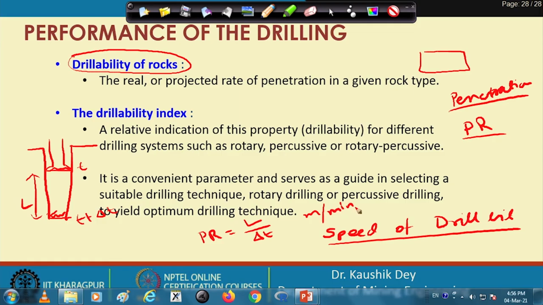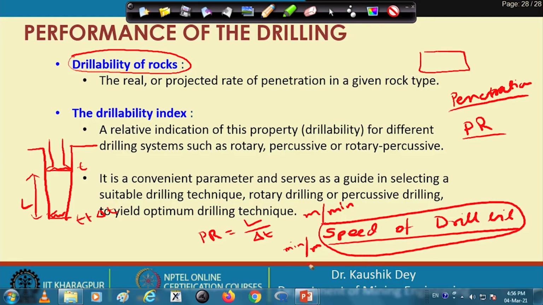Sometimes, often in the reverse way, you can also express it, that is the minutes required for penetrating 1 meter length. In that case, it is the inverse of this, and the unit becomes minute per meter. So, sometimes penetration rate is defined in this way also. Both are penetration rate, and you must be very careful about the unit in which it is being expressed.